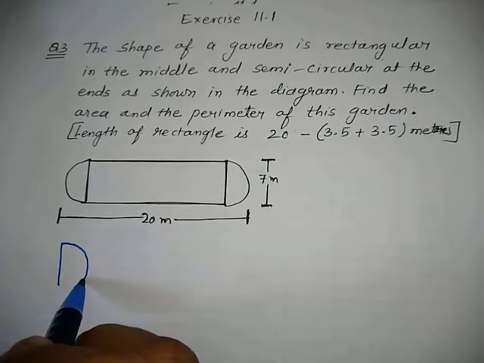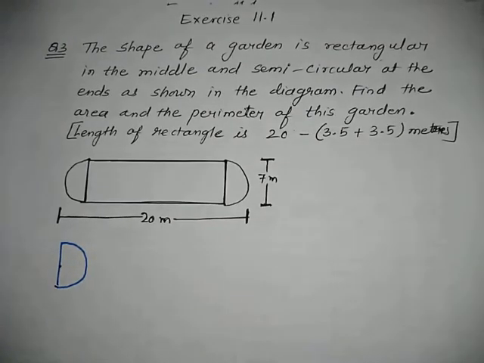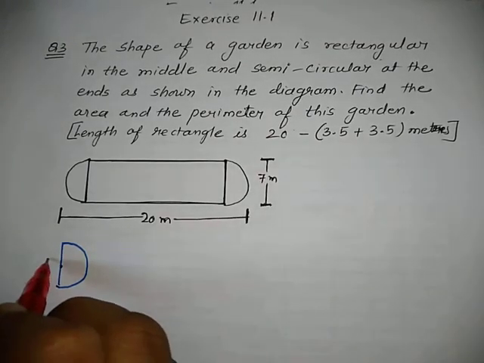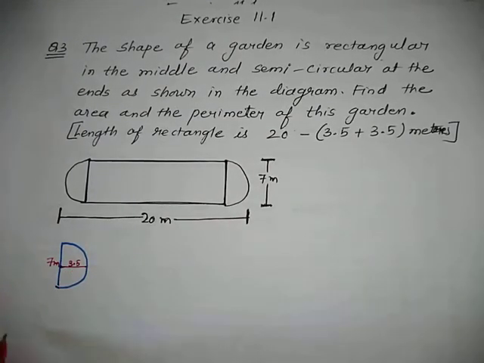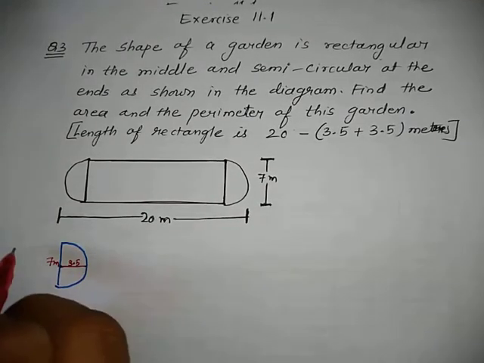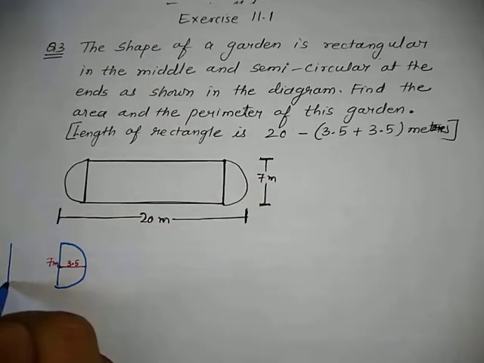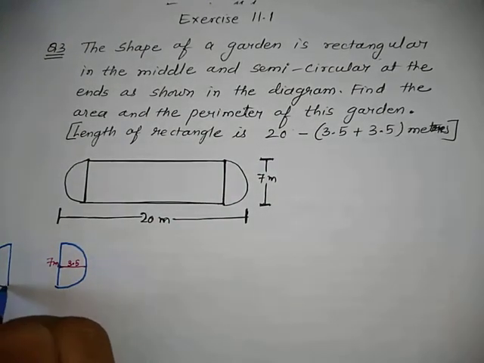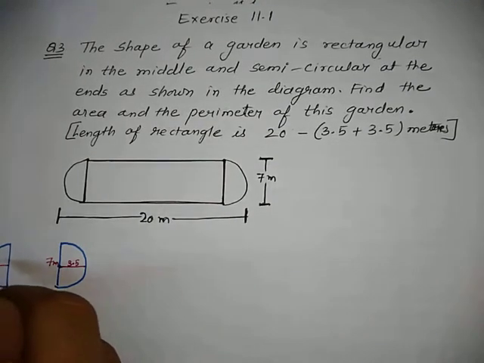This is the diameter, 7 meters, so its radius will be 3.5. So this much from the left side and this much from the other side, if we break the figure, 3.5.